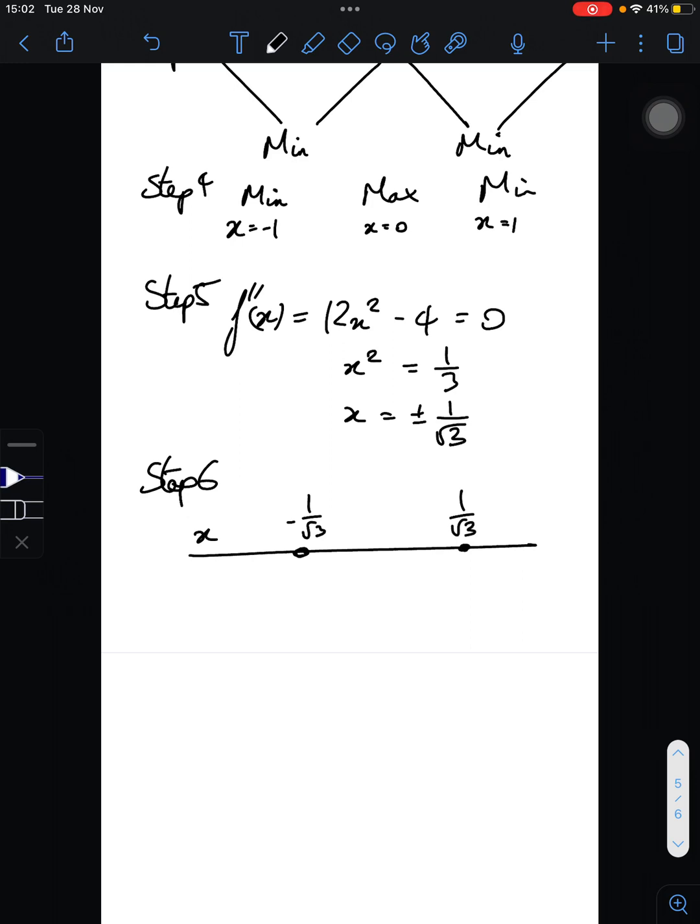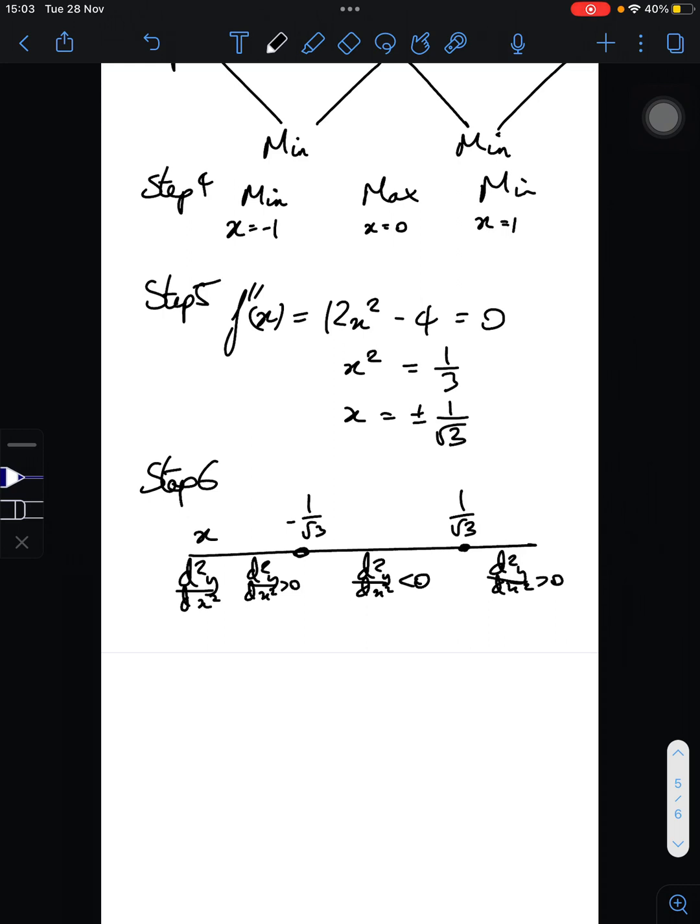What's going to happen in between here if I try my second order differential, d squared y over dx squared, well then if I plug in 0, I'm going to get minus 4, so d squared y over dx squared is going to be less than 0, so therefore I can kind of assume these ones here are going to be greater than 0, and this one here is going to be greater than 0. And so that gives us our step 6.